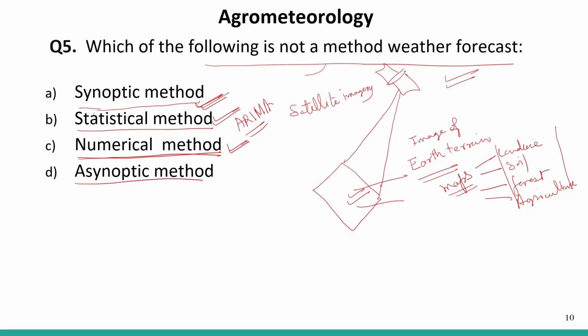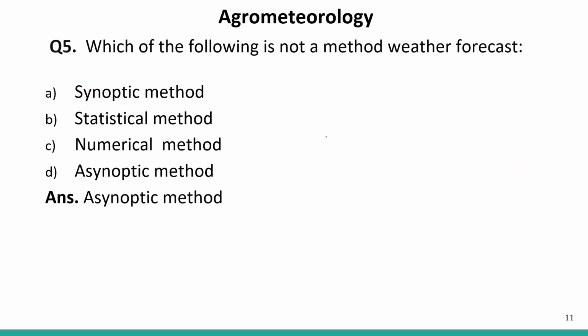Asynoptic method. This is not a method used for weather forecast. The synoptic, statistical, and numerical methods are used for weather forecast, but the asynoptic method is not. So this is the correct answer.